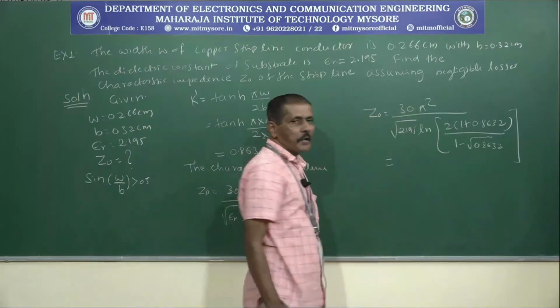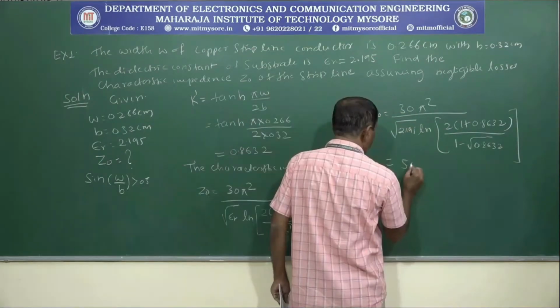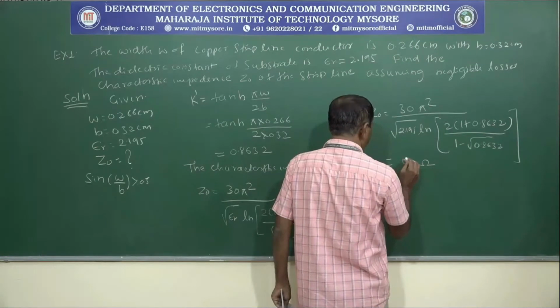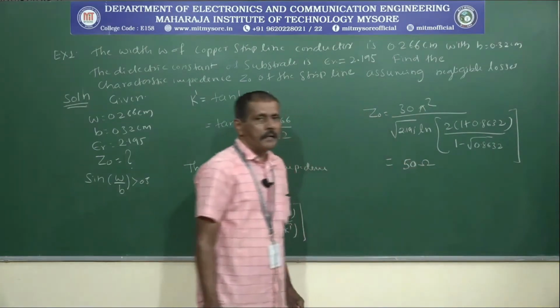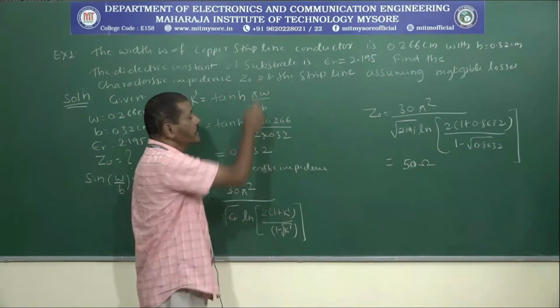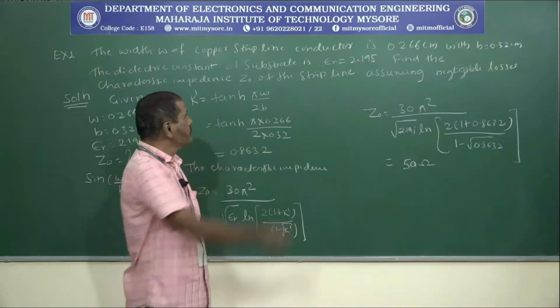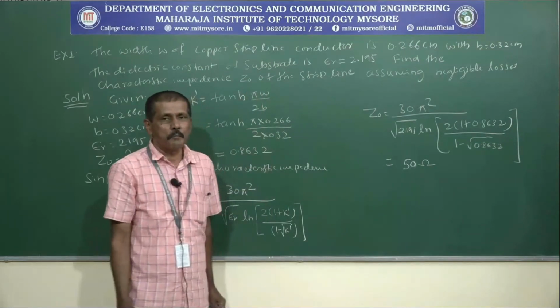If you simplify this, we get the value as 50 ohms. So this is the characteristic impedance for the given problem.